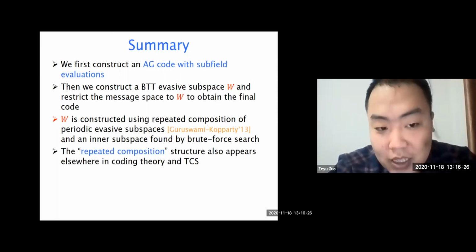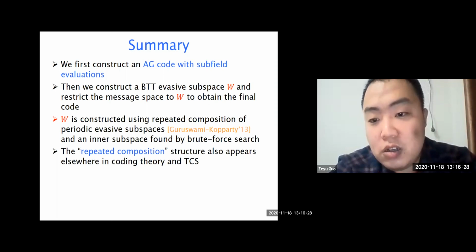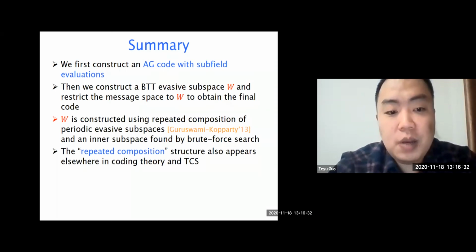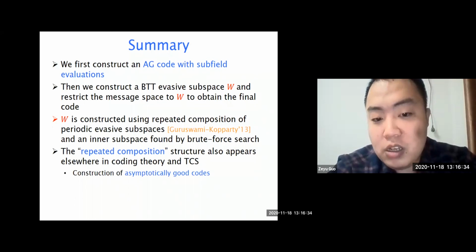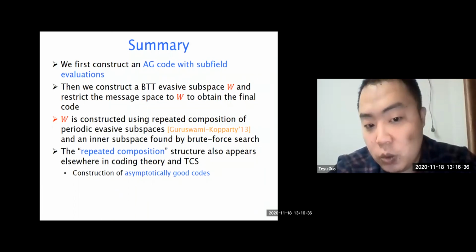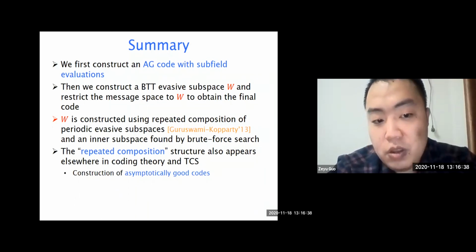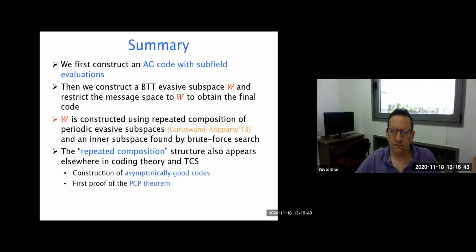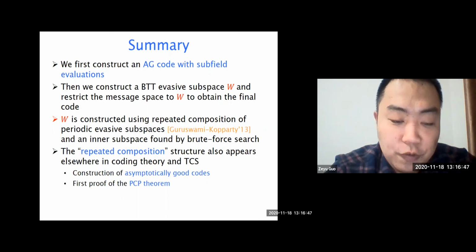And I want to remark that this repeated composition structure also appears somewhere else in coding theory and TCS. For example, in coding theory, there's a well-known construction of so-called asymptotically good codes that can be obtained by using this repeated composition. Another place where this appears is the original proof of the PCP theorem.